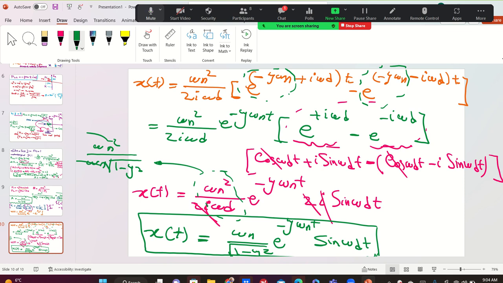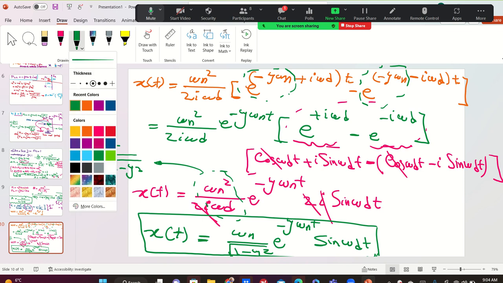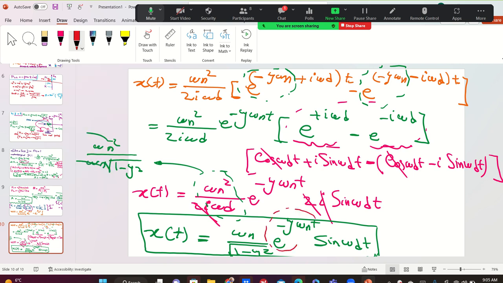Okay, but we are engineers. We are not mathematicians. We have to visualize this by graph. What was the name of this function I told you? If you increase time, e to the power of minus zeta omega_n t goes to how much?